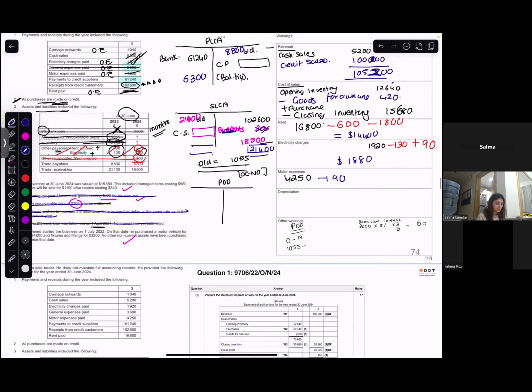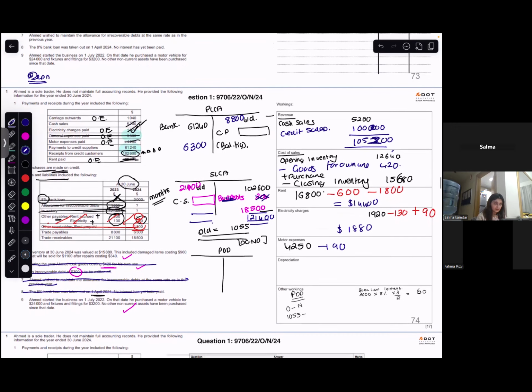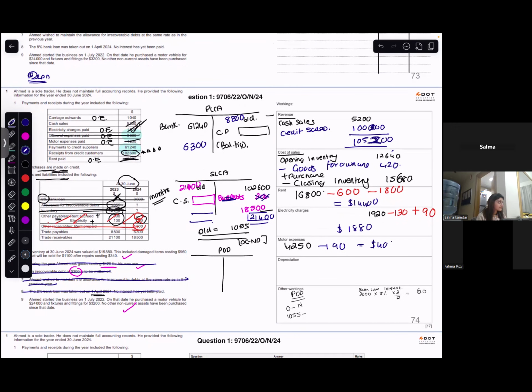What is this 190? Can you please tell me? And depreciation was 4,160. So for motor vehicles, we had 3,840, and for fittings, it was 320. Can you tell me what was this 190?